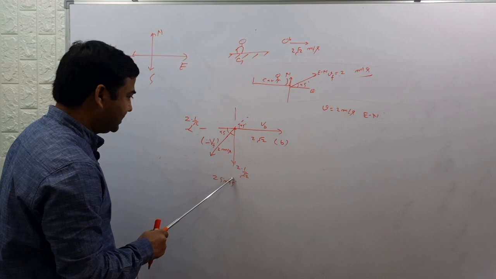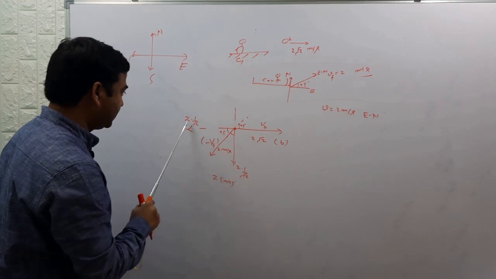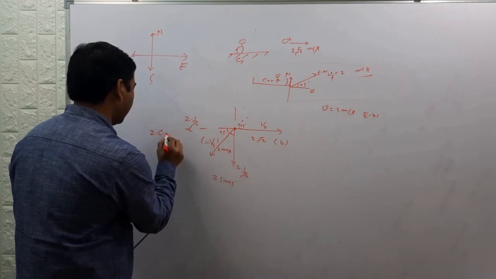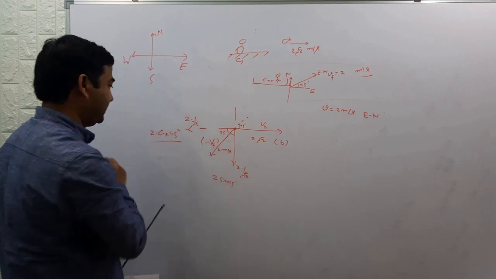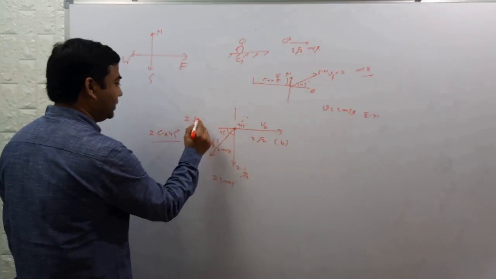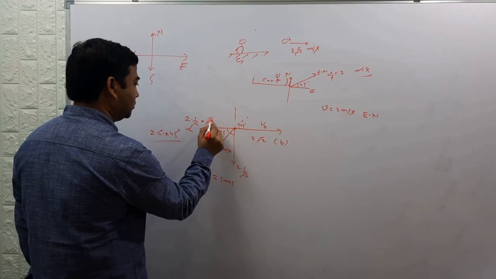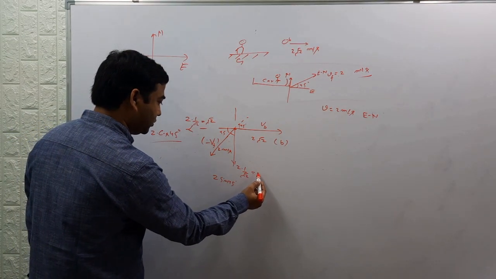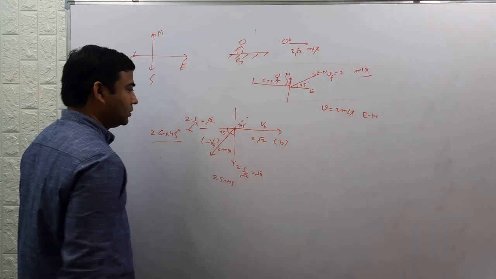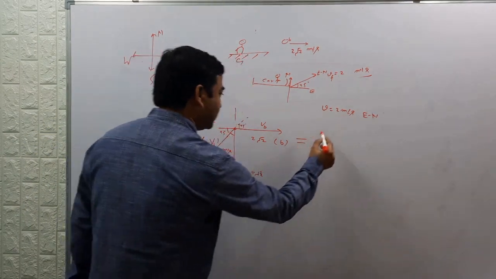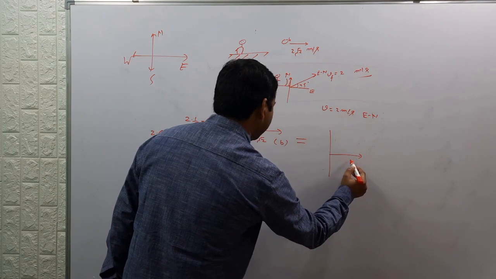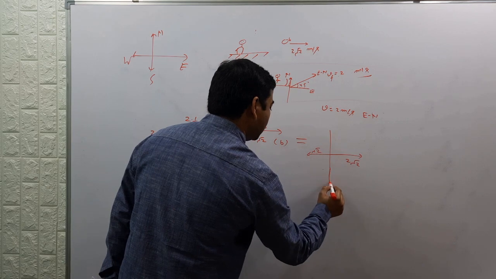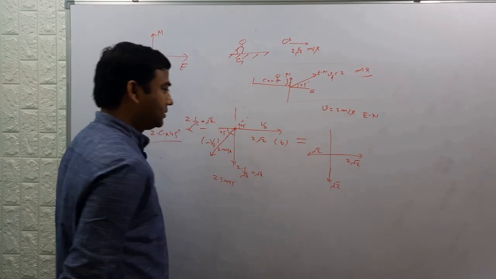So this is 2 by root 2, that is under root 2, and this is also under root 2. So resultant vector you can write it like this. This vector is 2 root 2, this is under root 2, and this is also under root 2.